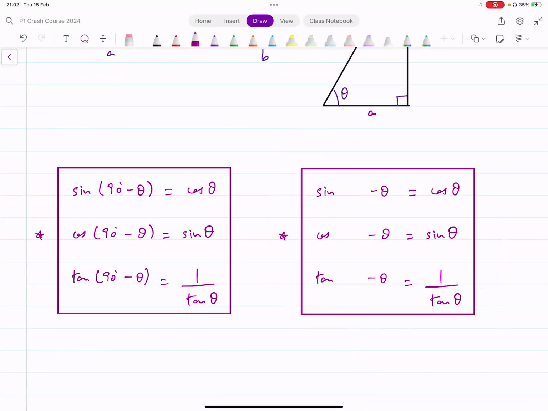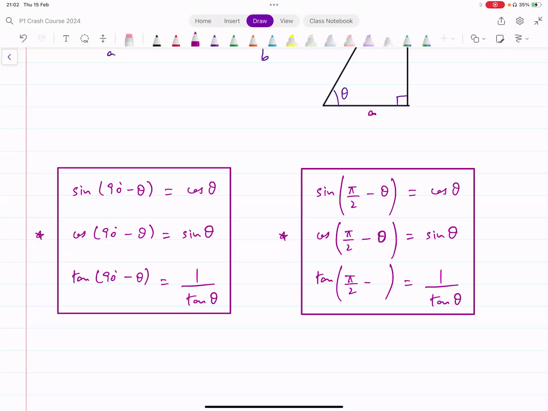So these identities are: sine of pi over 2 minus theta is equal to cos theta. Cos of pi over 2 minus theta is equal to sine theta. And tan of pi over 2 minus theta is equal to 1 over tan theta. These are the three identities that we have in radians.